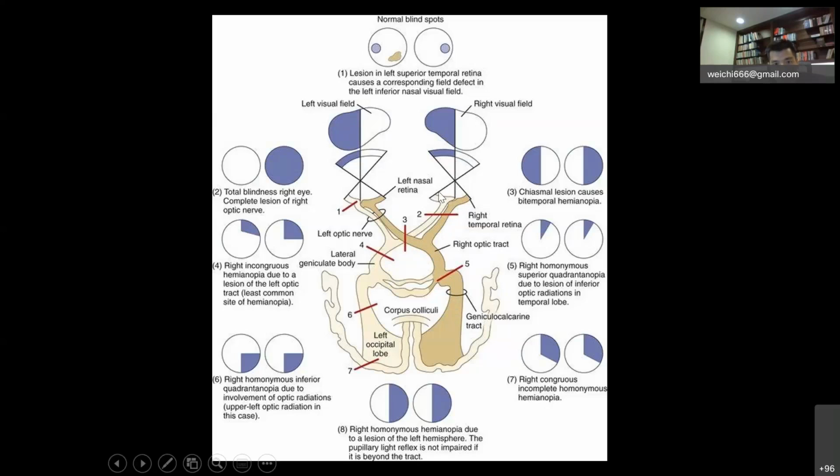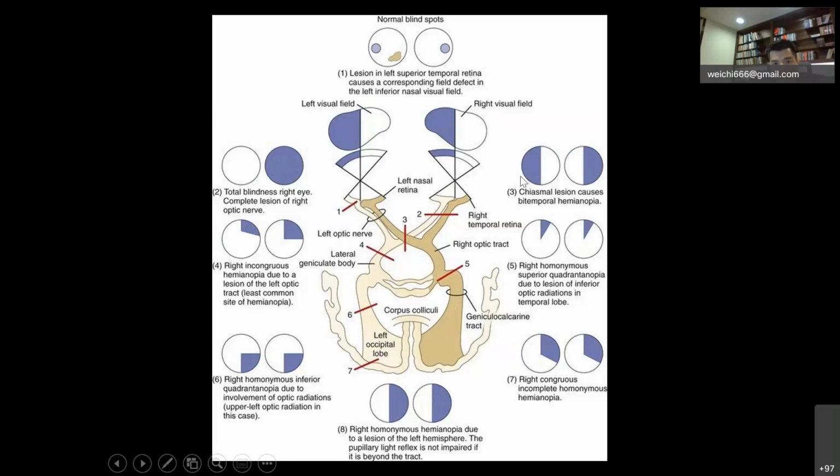But the fiber that would cross to the contralateral side was blocked because of this lesion at the chiasm. So this part of the retina could not sense the visual field in the temporal side. The signal could not be sent to the visual cortex for further processing.